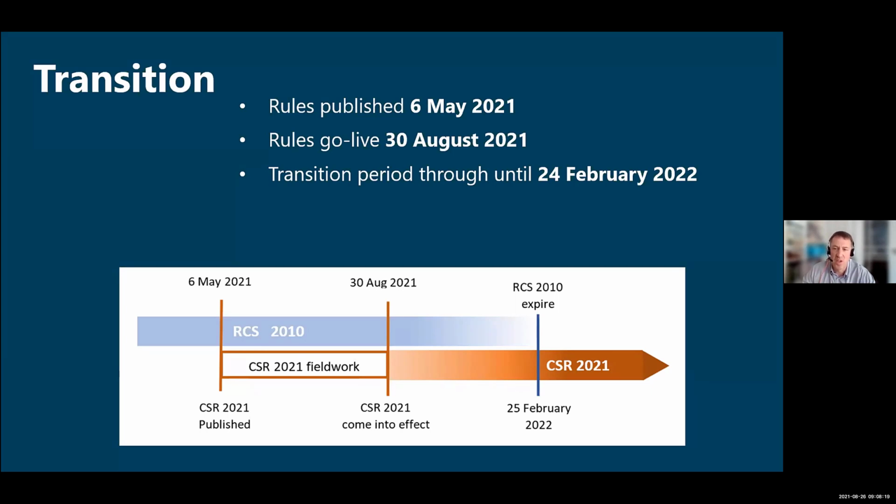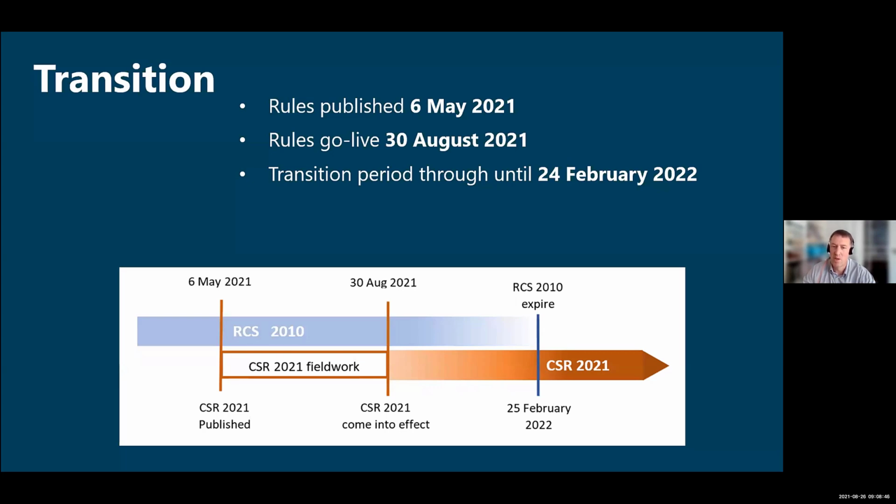During the transition period, CSDs may be certified and lodged in terms of either the 2010 rules or the 2021 rules. Where a CSD is certified in terms of the 2010 rules and it is requisitioned, it may be recertified under the 2010 rules, provided that happens before the end of the transition period.